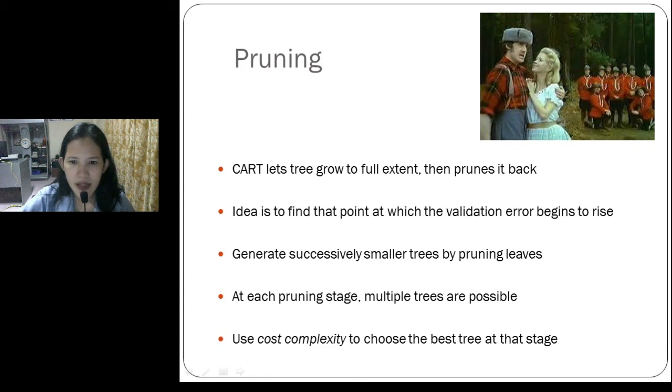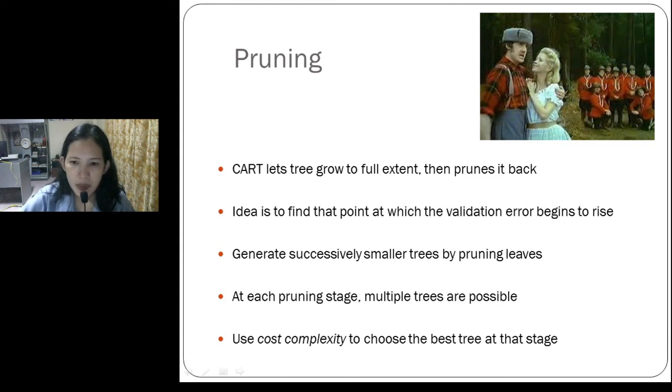Pruning consists of successively selecting a decision node and redesignating it as a terminal node, lopping off the branches extending beyond that decision node, its subtree, and thereby reducing the size of the tree.